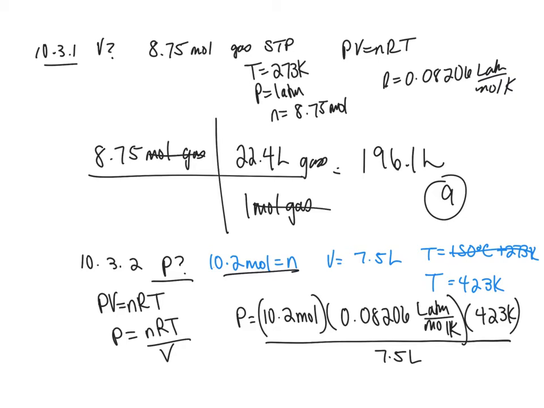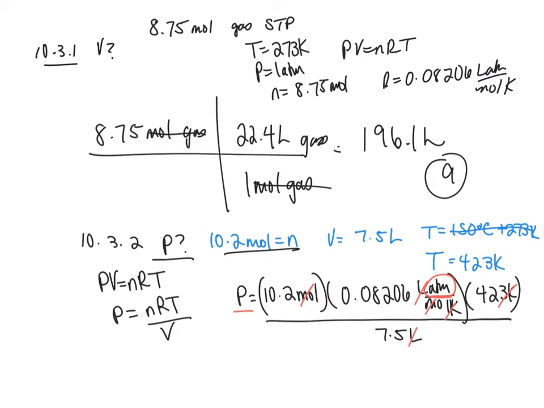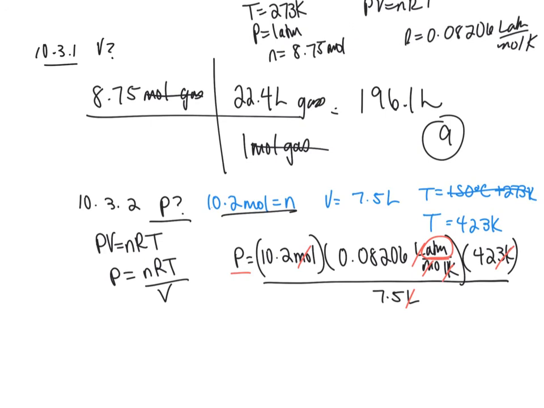Notice that the moles cancel out, Kelvin cancels out, liters cancel out, and you're left with atmosphere. And what is the unit for pressure? Atmosphere. And when you do that, from your calculator, you get P equals 47.2 atmosphere. And so E is the answer, 47 atmosphere.